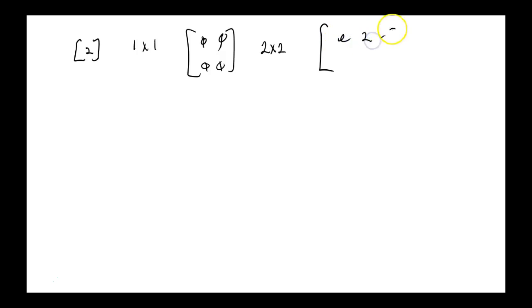E, negative 7, pi, root 2, 4. What's its size?